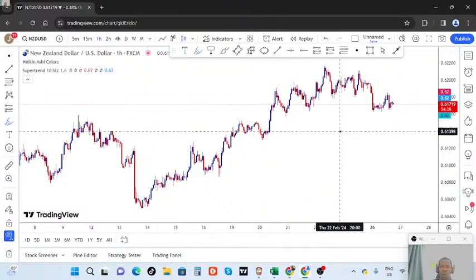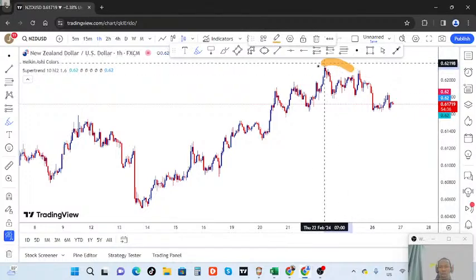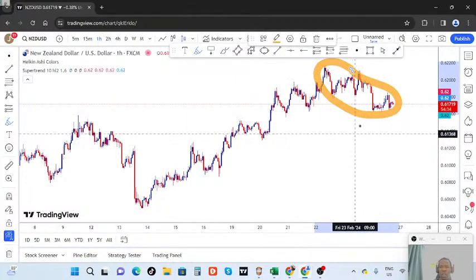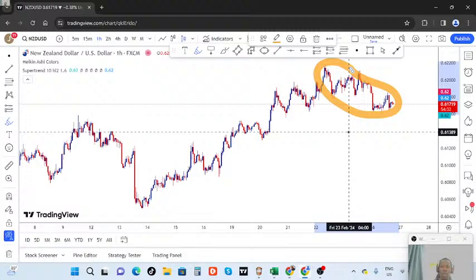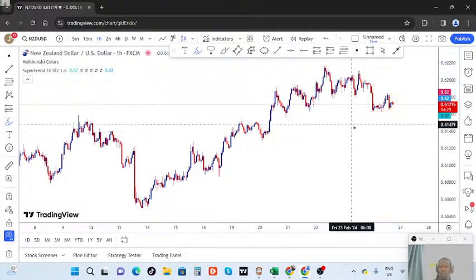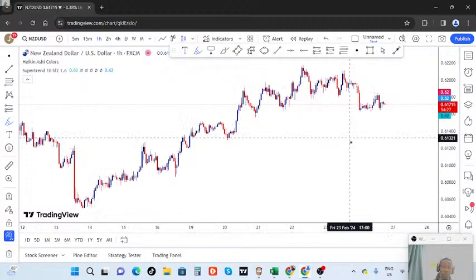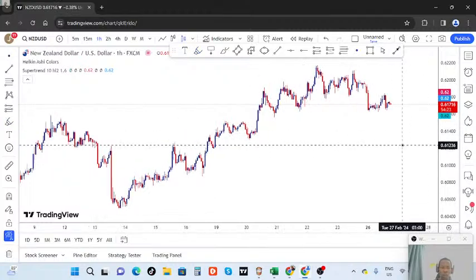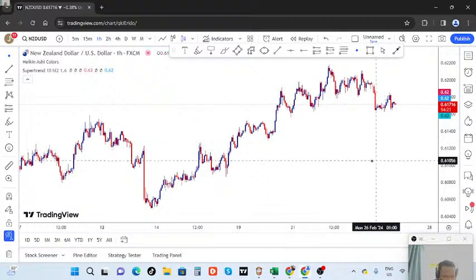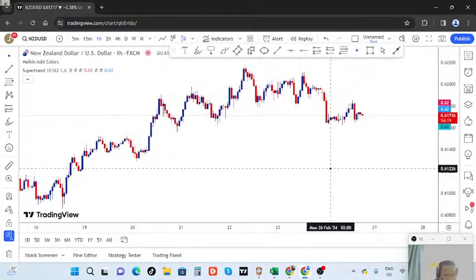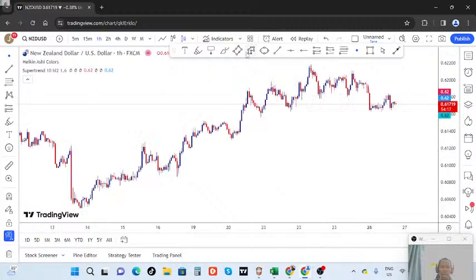Now, for example, what are we seeing here right now? What is this? Some people are going to say this is a break of structure, because back in time the market was moving from here, as you can see.